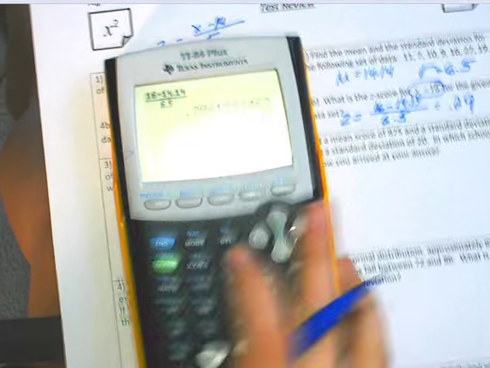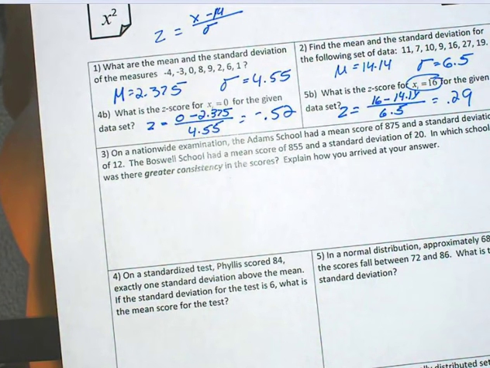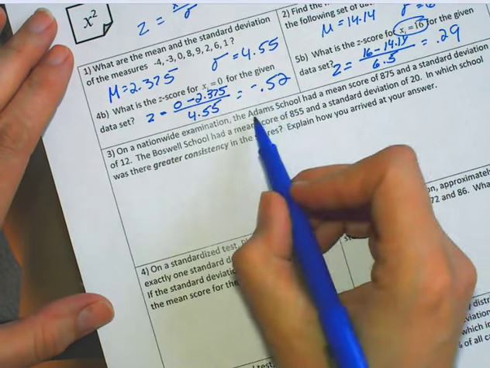Okay, let's look at the next one. On the nationwide exam, the Adams School has a mean of 875 and a standard deviation of 12. And the Boswell School has a mean score of 855 and a standard deviation of 20. And which school has the greater consistency in scores? Okay, so I'm going to highlight here and summarize some of this data.